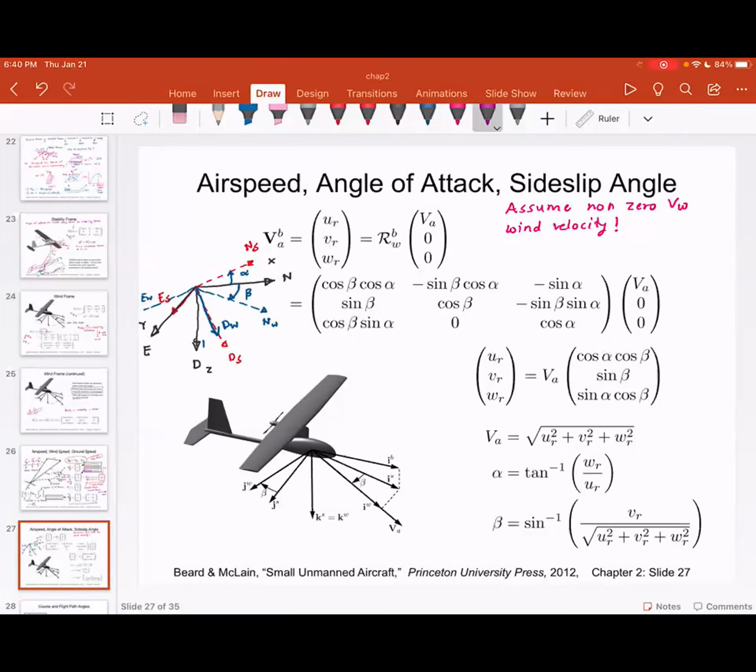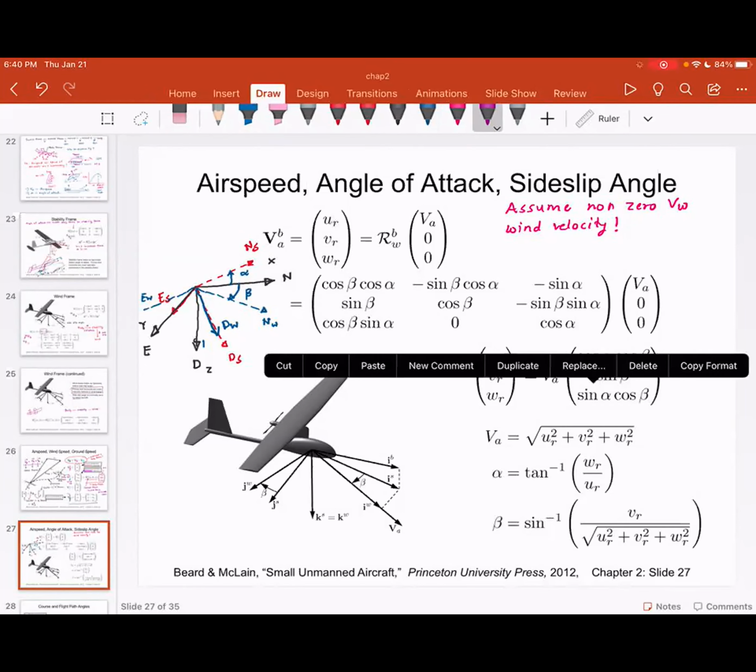Now, here is how the transformation looks. But please try to understand, even though it may sound complicated, those are just two rotation matrices that allow us to transfer the vectors from body frame to wind frame. Now, if wind velocity is non-zero, the resultant component of VA is actually expressed in the wind frame.